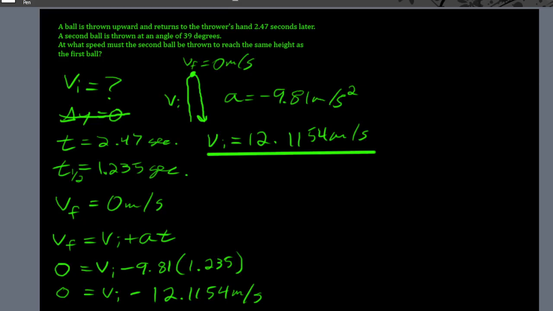So what I need to do now, and I'm going to switch colors for the second part of the problem, is say, if I've got a second ball that is thrown at an angle, what is its velocity going to have to be so that this component of it is equal to 12.1154 meters per second.